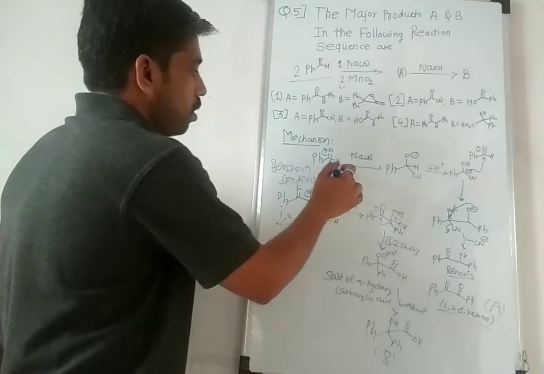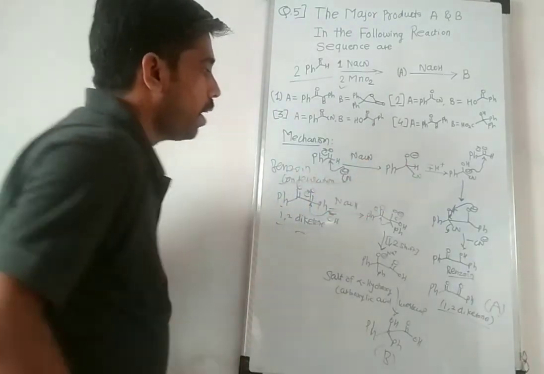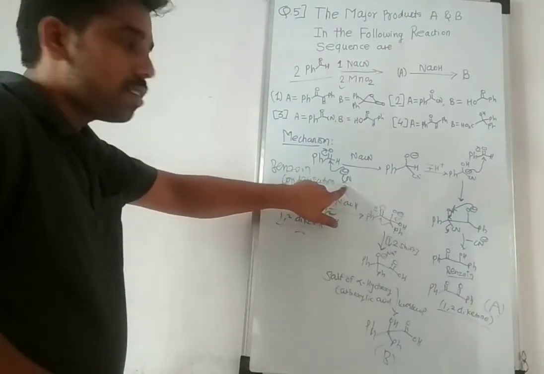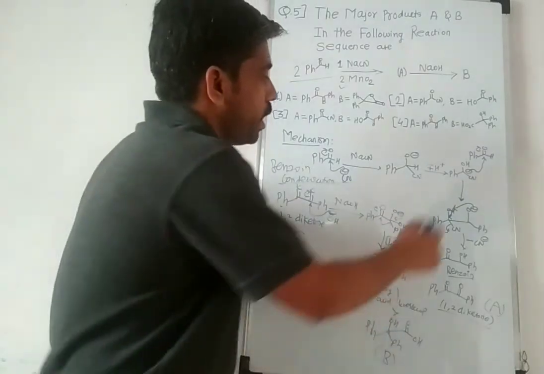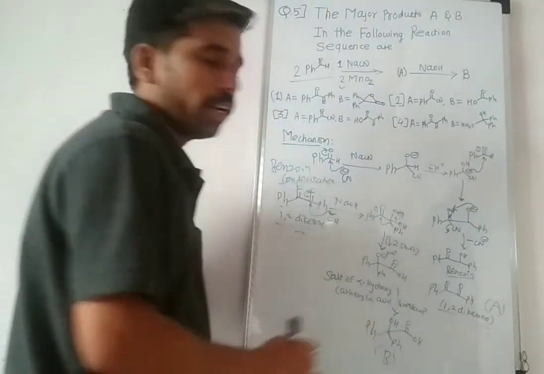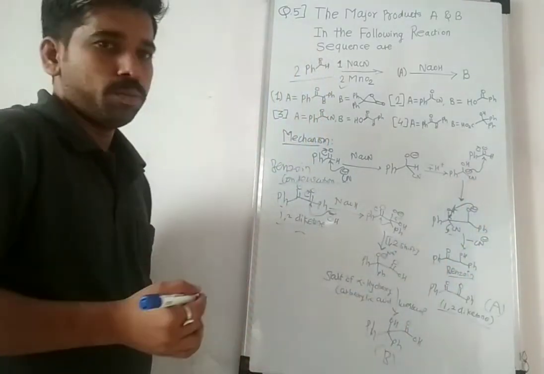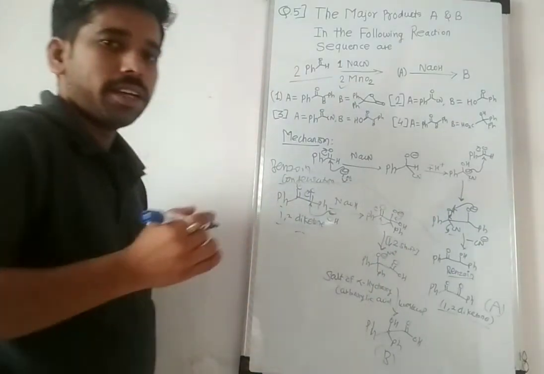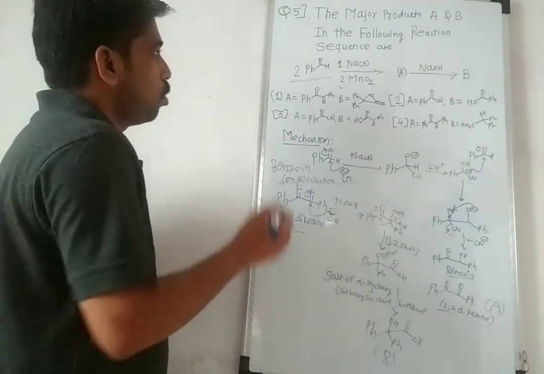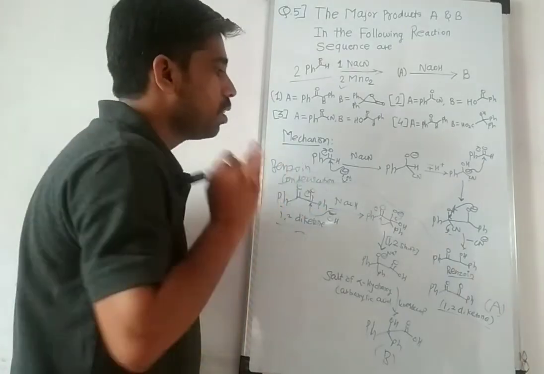In the first step, cyanide attacks the electron deficient center, so it acts as a nucleophile. The second role of cyanide is that it stabilizes the corresponding carbanion, and in the last step it acts as a good leaving group. So this is a cyanide catalyzed reaction of two molecules of benzaldehyde. It is a benzoin condensation reaction.